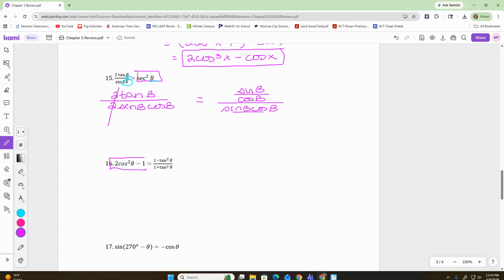You could think of this as a fraction if you want and flip and multiply. If I flip and multiply, what happens? Signs cancel. So if I just multiply the tops, I get 1 over cosine squared. What is 1 over cosine squared? The reciprocal of cosine. And that is secant squared b that we wanted.